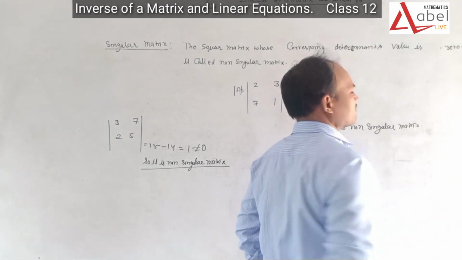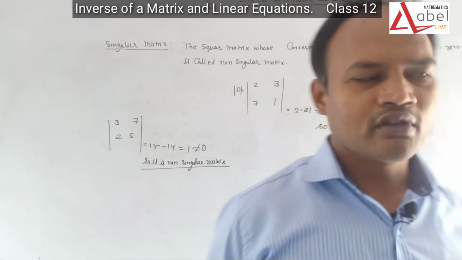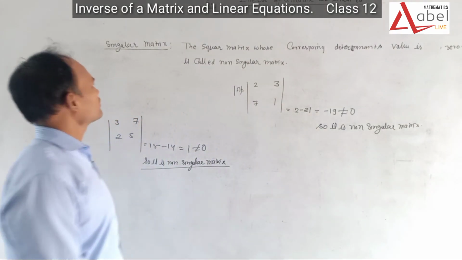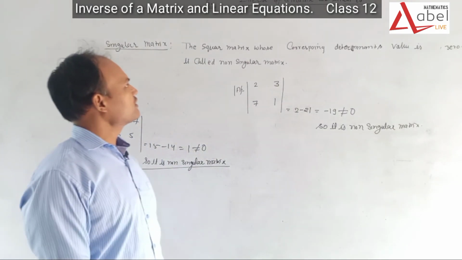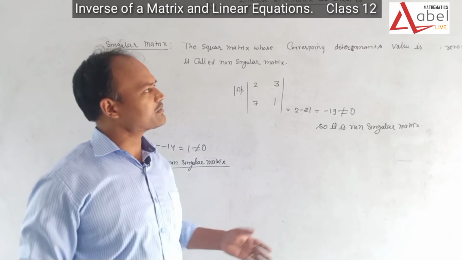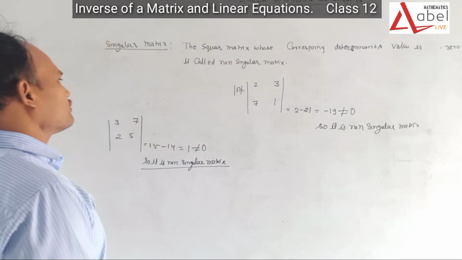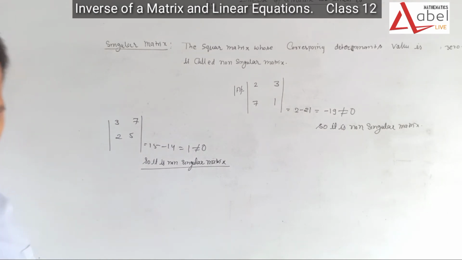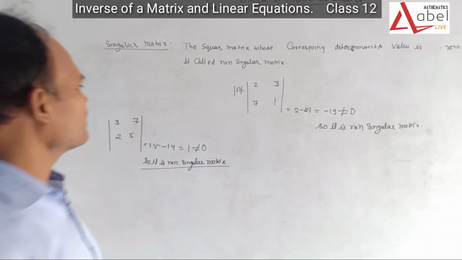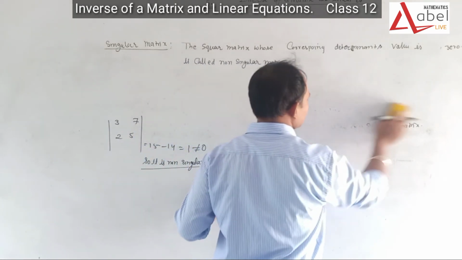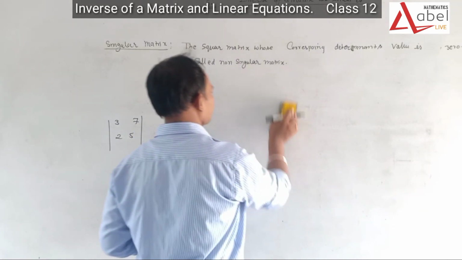Students, this is clear now. The definition is the same for both of them. So when we are saying about the singular matrix, it is a square matrix whose corresponding determinant value is 0. We are going to change the examples because its value should be 0.